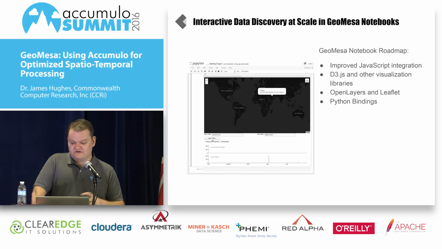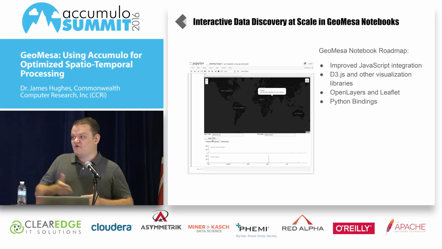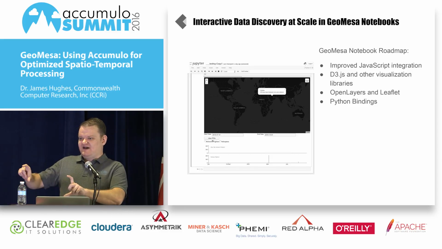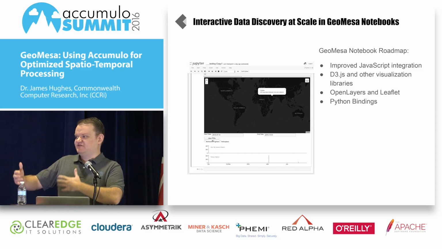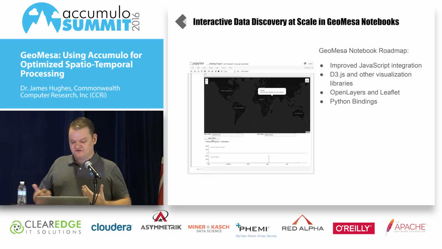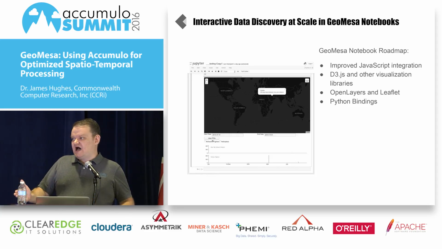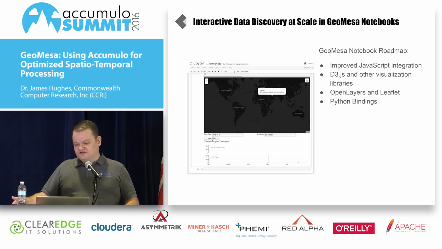Some of the future steps: there's more to be done with JavaScript. Zeppelin has some nice interfaces for tabular data that you can just remix. Having some interactions that go between a map and a histogram is going to be something we're looking at. OpenLayers is one of the libraries I've mentioned several times. There's also a library called Leaflet.